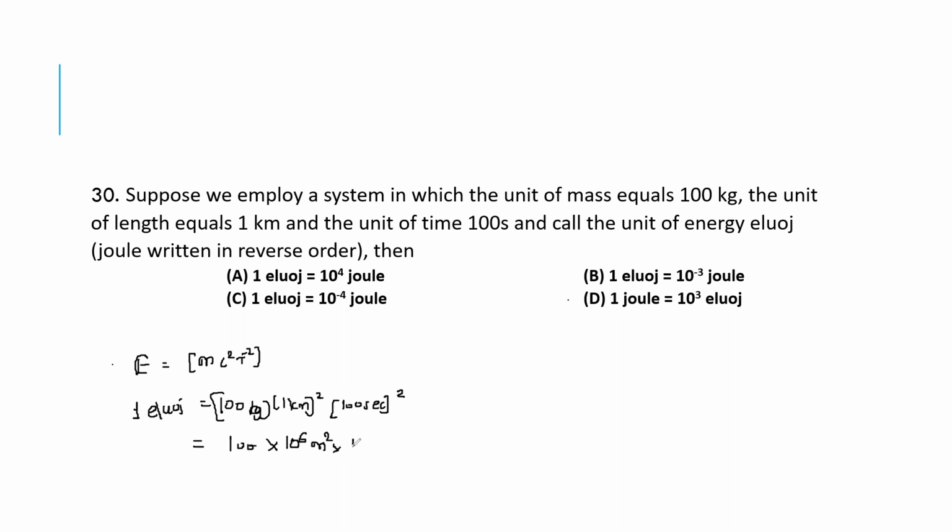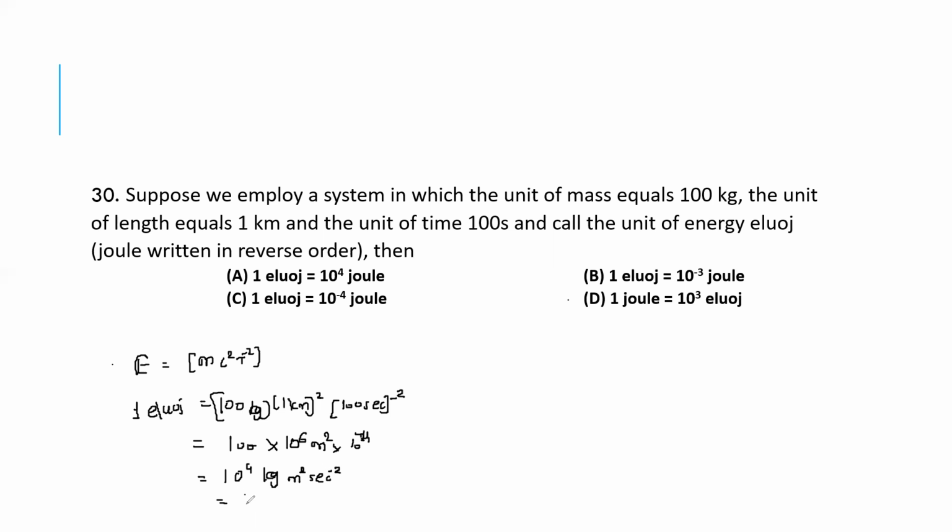Here the time is 10 raised to 2, but to the power of 4, and it is in the denominator, therefore it becomes 10 raised to minus 4 per second square. Now this is equal to 10 raised to 4 kg meter square per second square.